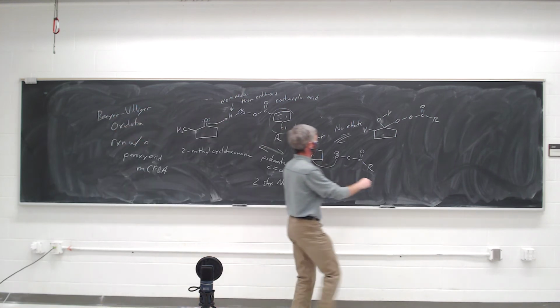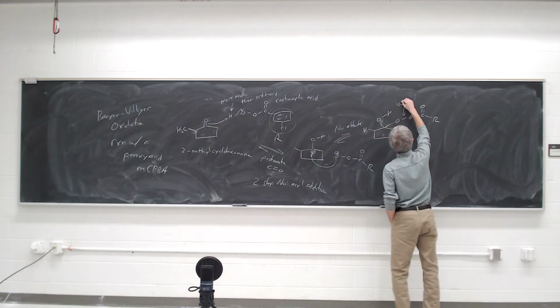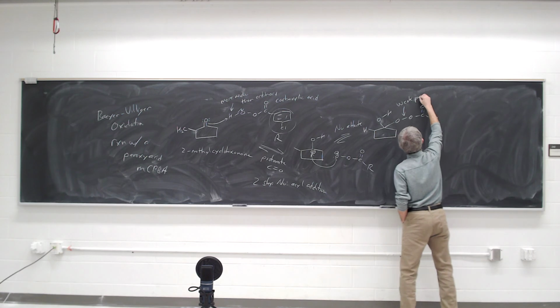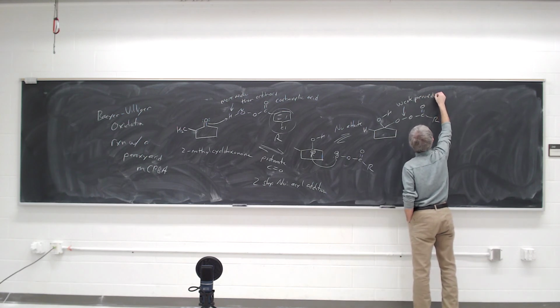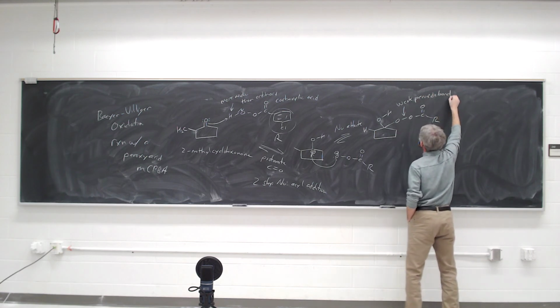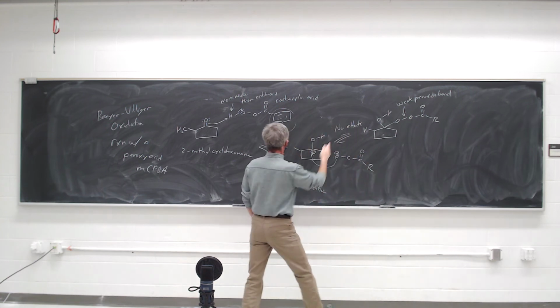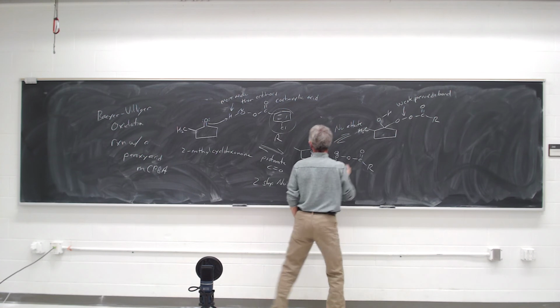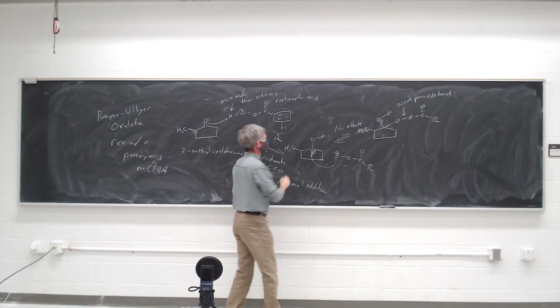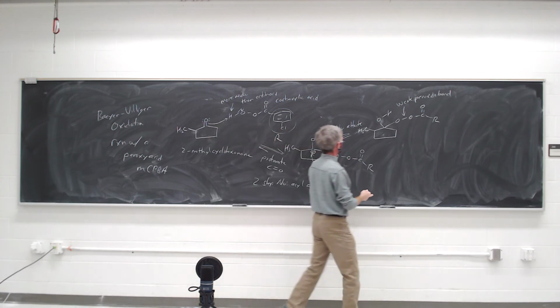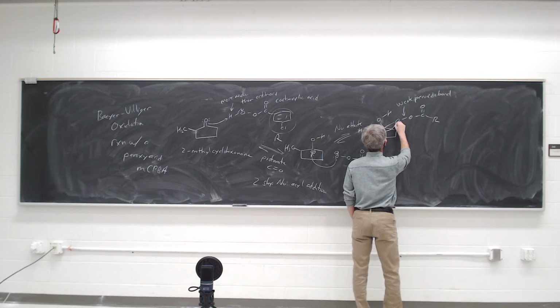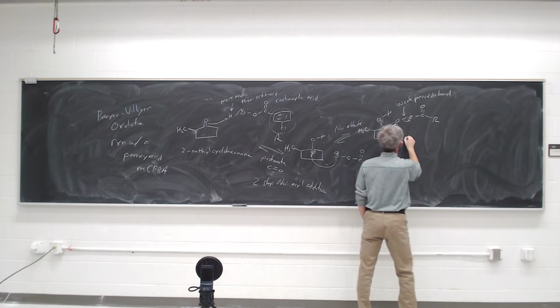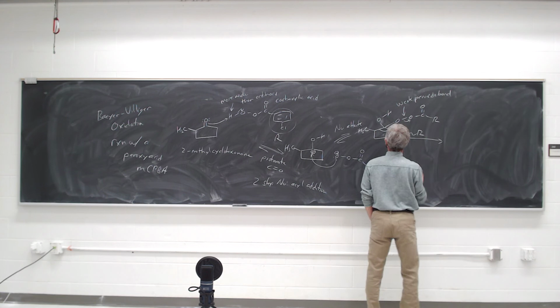Because this bond is really weak and wants to break, the next step is dissociation. There's an alkyl shift. That is not a reversible step.